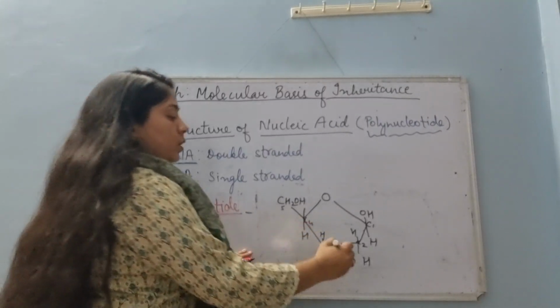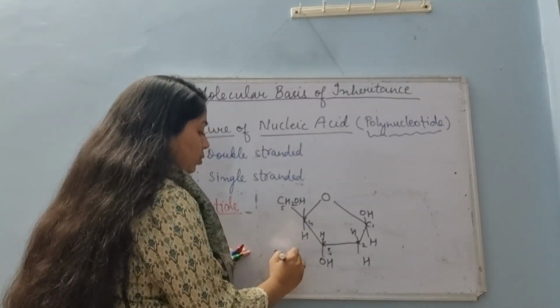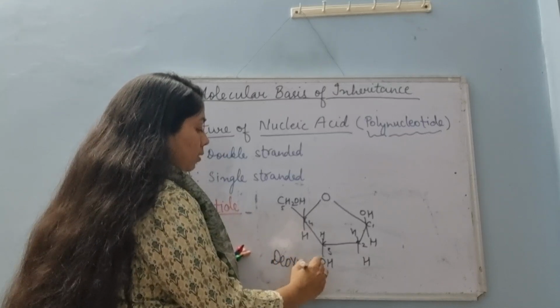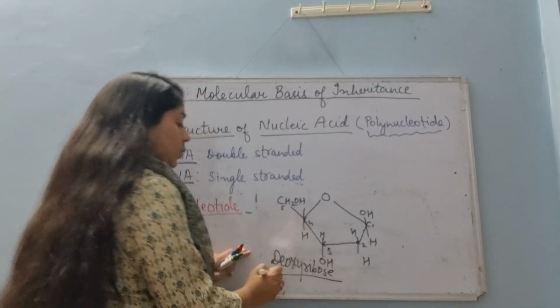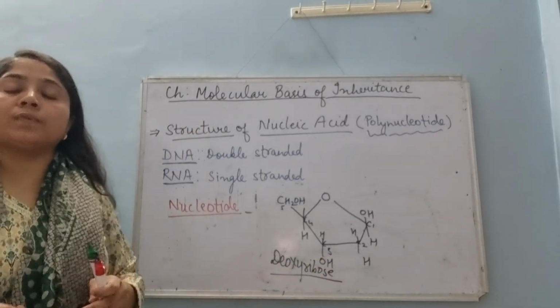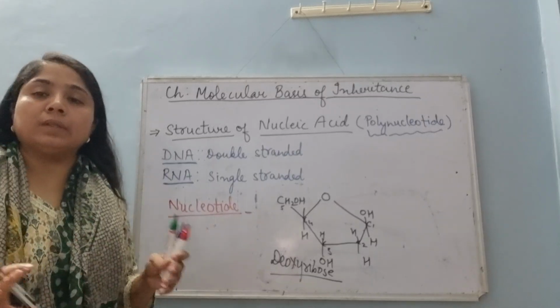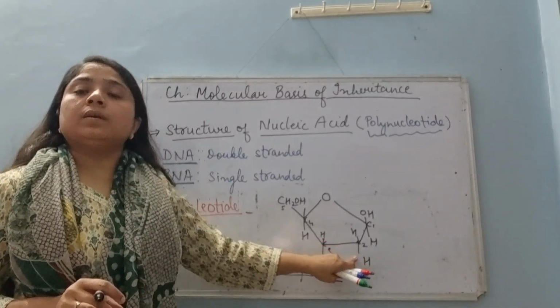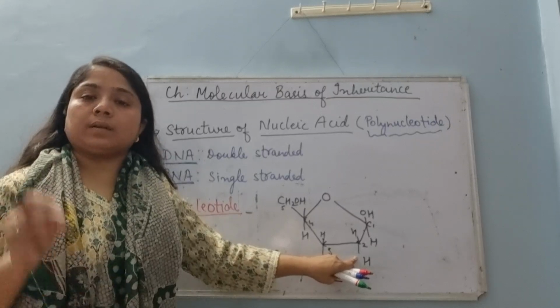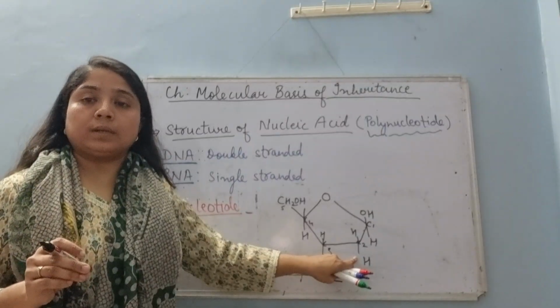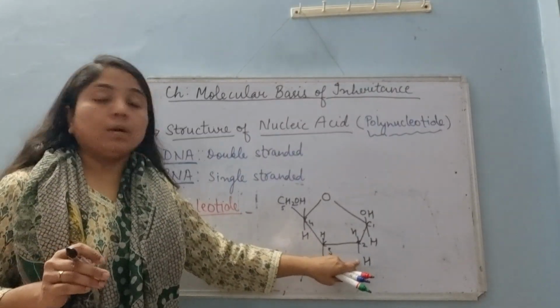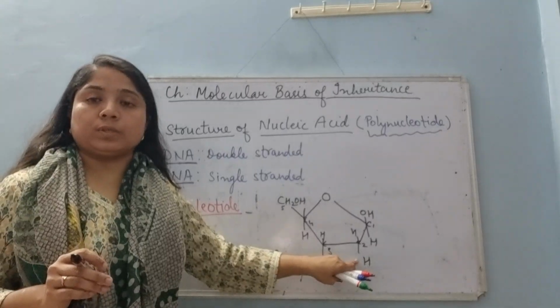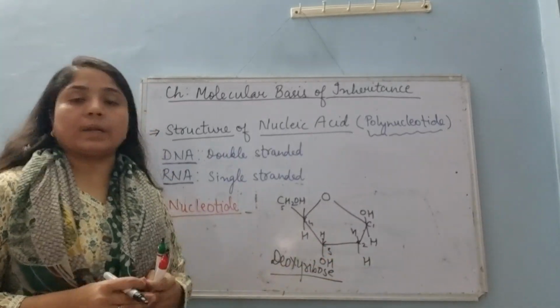So this is the sugar which is deoxyribose and found in DNA. What is the difference between the two sugars? Ribose sugar has OH on its second carbon, but deoxyribose sugar does not have that oxygen on the second carbon position.